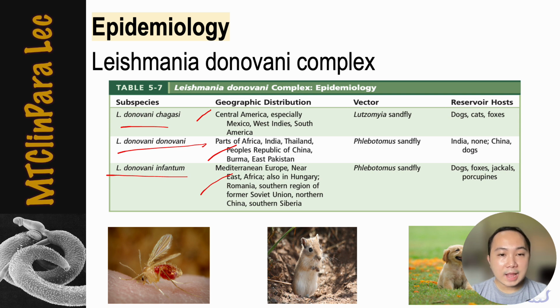For donovani chagasi, Lutzomyia is the most common vector. For donovani and donovani infantum, Phlebotomus sandflies are more common. When it comes to the reservoir host, these may interchange from one species to another, but the most common are dogs, cats, and other feline types of animals. Kindly take note of all the reservoir hosts indicated in the table.